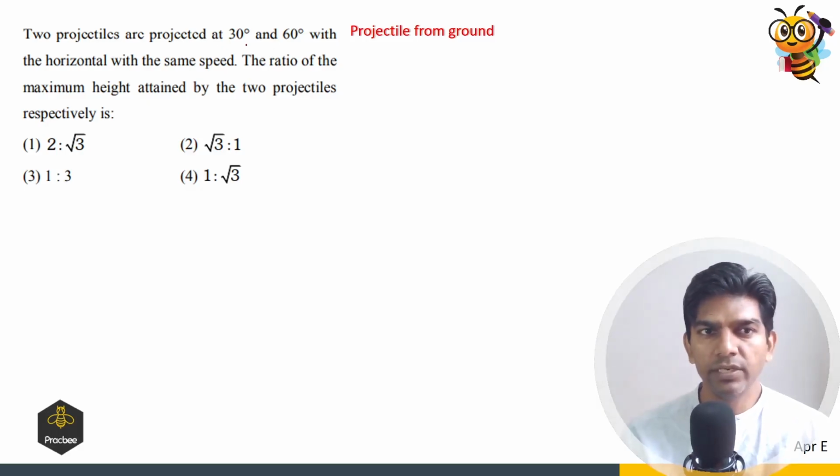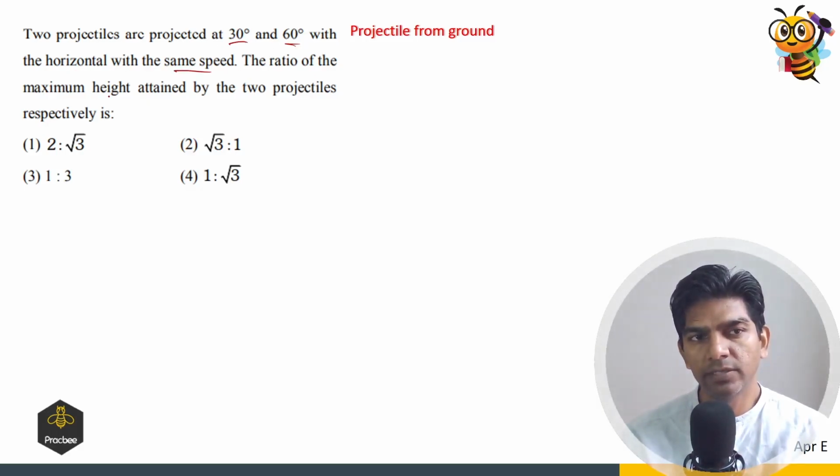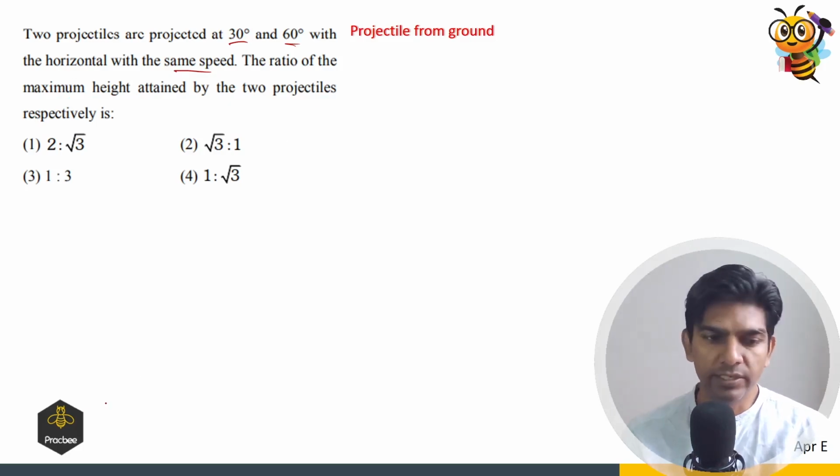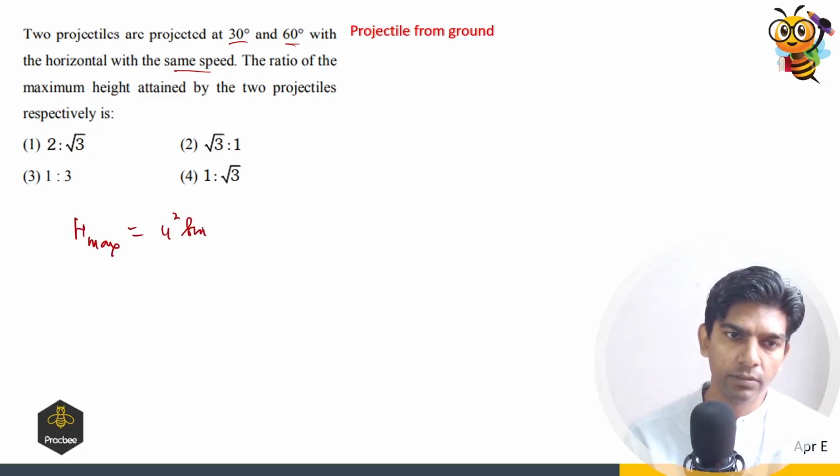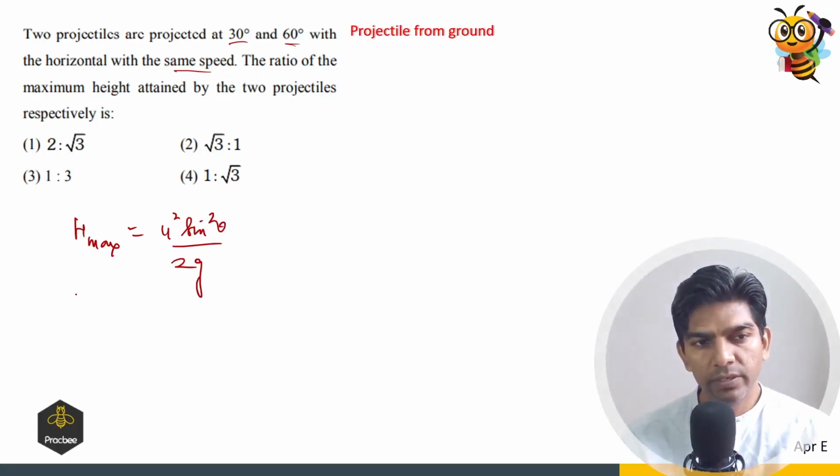Two projectiles are projected at 30 and 60 with the horizontal with the same speed. The ratio of the maximum height attained by the two projectiles. So we have to find the maximum height. So h max is given as u square sine square theta by 2g. For the same speed, h max is proportional to sine square theta.